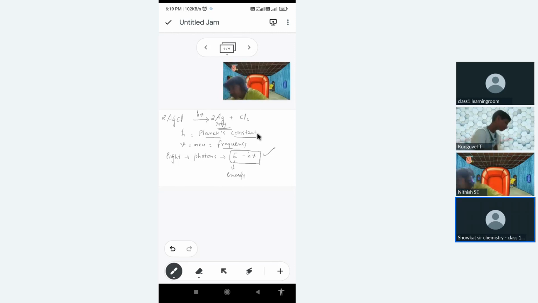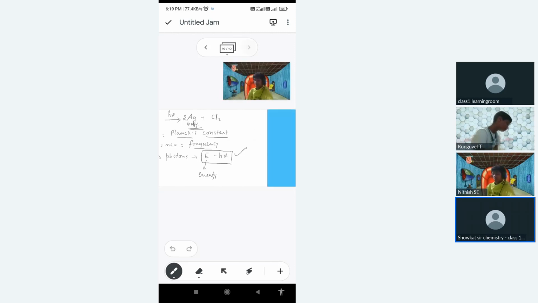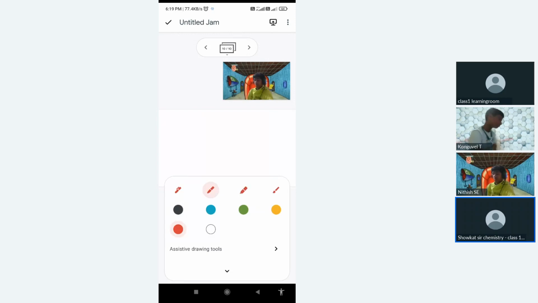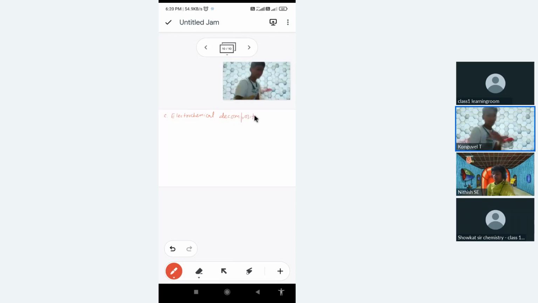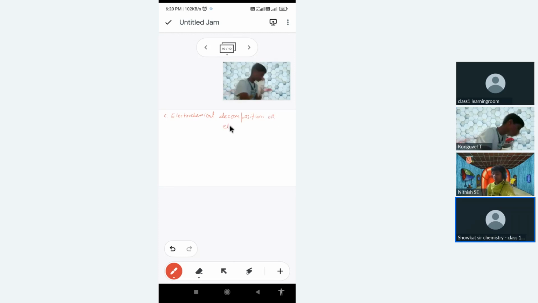Then we have the last one in decomposition reactions, known as electrochemical decomposition, or electrolytic decomposition, or electrolysis.